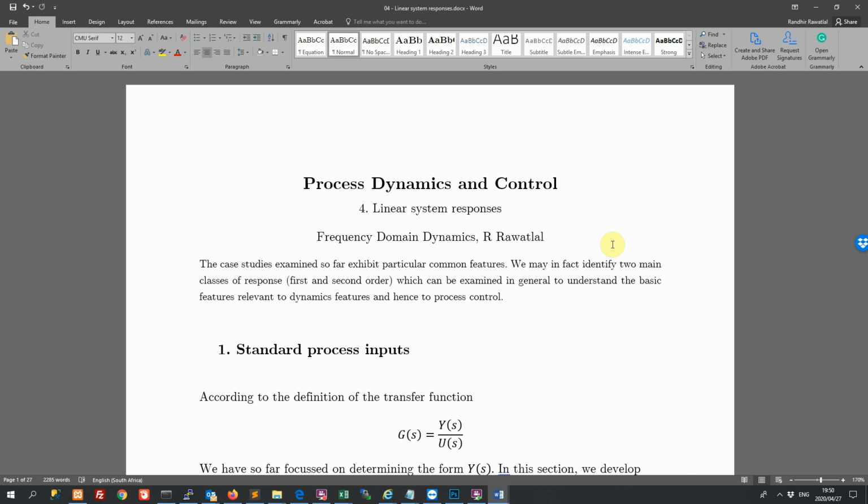In our last video, we considered the creation of the transfer function when given a physical description of some situation or some process unit. So from our understanding of a physical system, we were able to develop the time rules, i.e. a differential equation in time, and we translated that into the Laplace domain using the usual Laplace transformation.